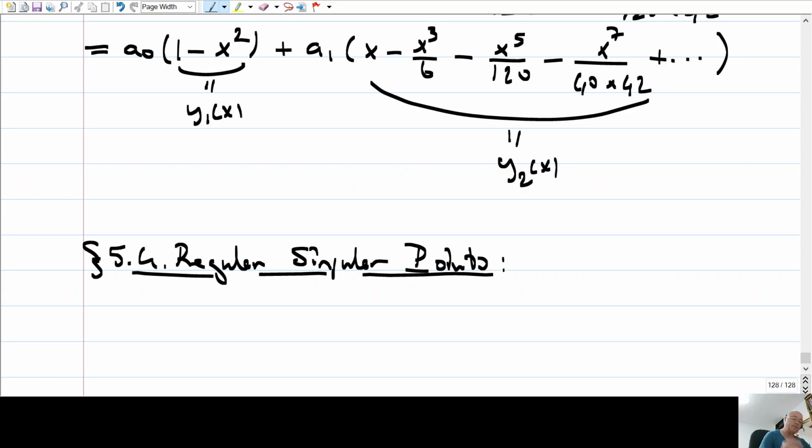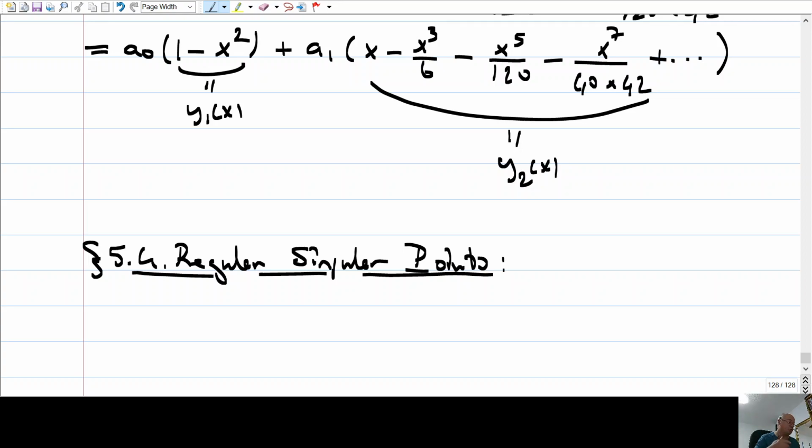As I said last time, singular points are very important, although they are not common. I mean, most of the points are regular. Only a couple of them are singular, but you cannot just avoid them because they tell us the behavior of the solution in some important situations.